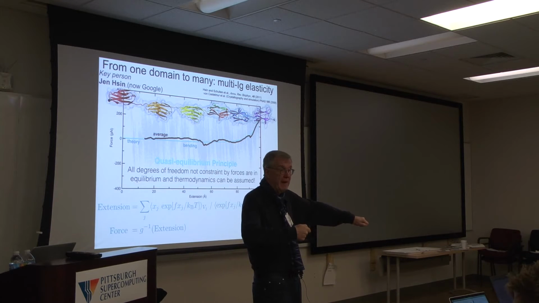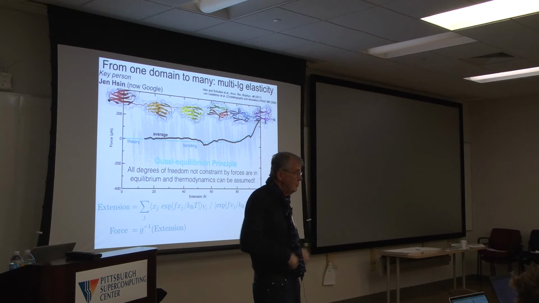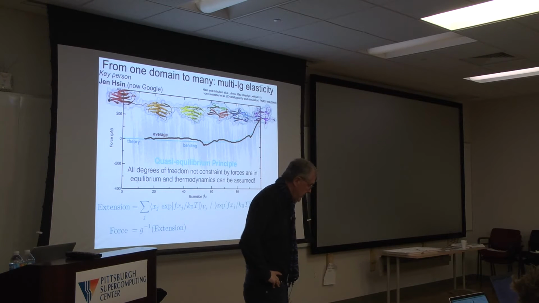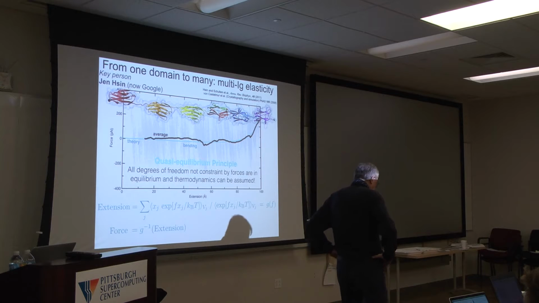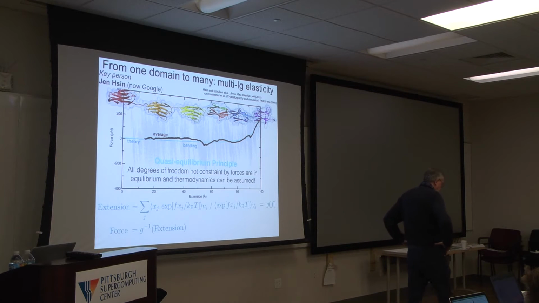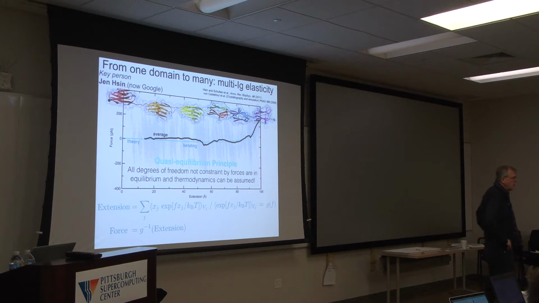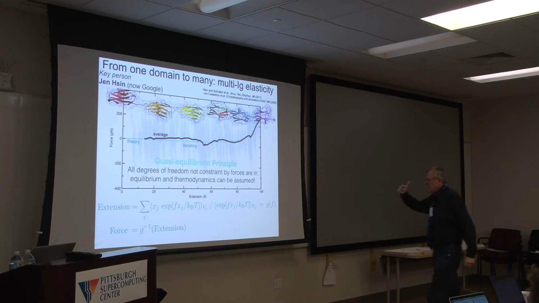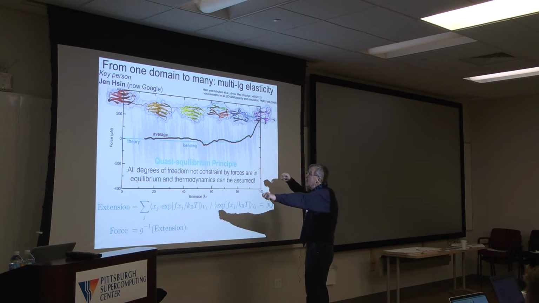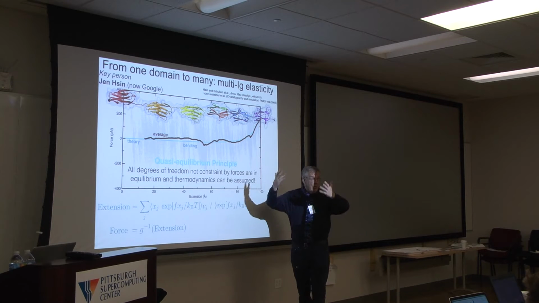yes, as you pull this protein apart, you're doing something pretty monstrous and pretty fast. But if you would interview the degrees of freedom in the molecule, they would tell you, oh, this is nothing, very, very slow. All the other degrees of freedom, except the one that you pull, are thermally relaxed all the time.